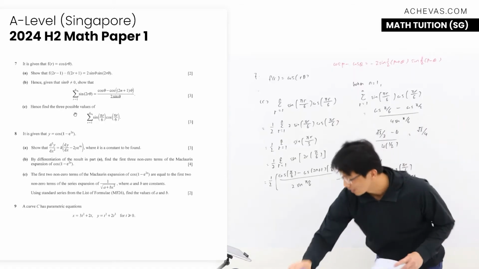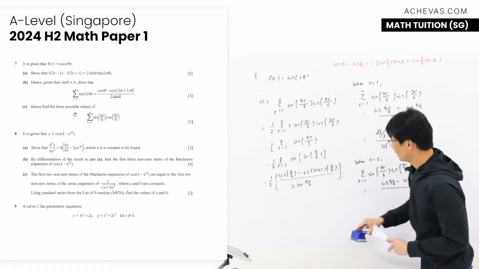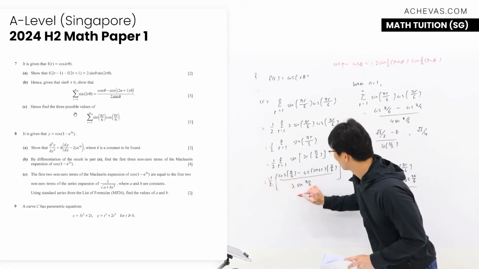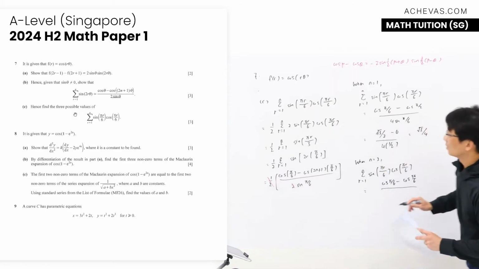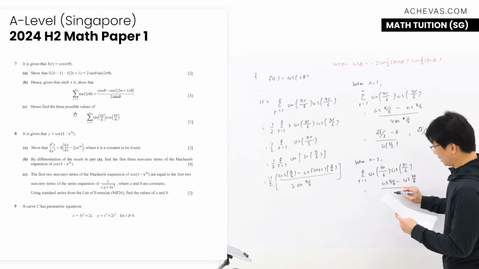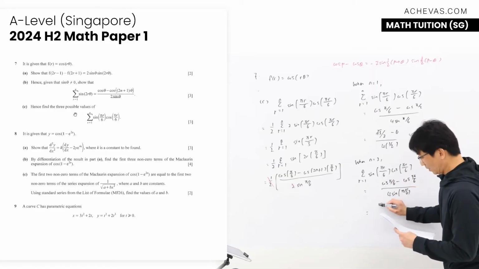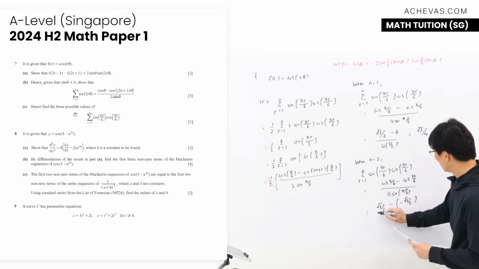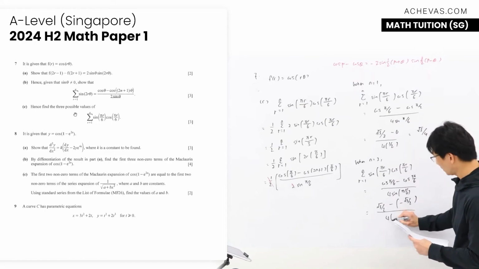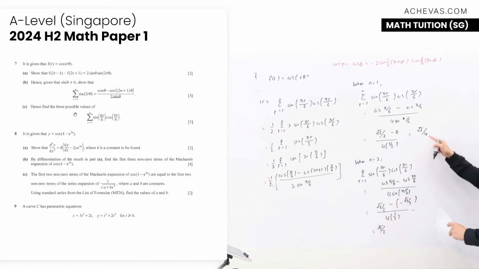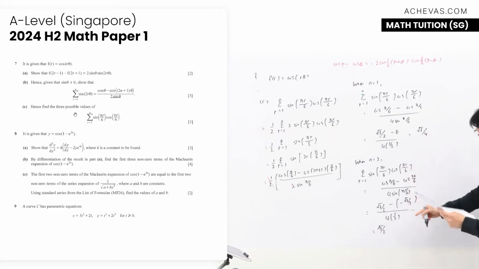Let me carry away the half, because I realized I didn't complete this, as this part can be cancelled away. So this will just be equal to 4 sine pi over 6. This will be root 3 over 2 minus of root 3 over 2. Then this one will be 4 times half. This will give me root 3 over 2, which is good because it's a different value that I managed to get.